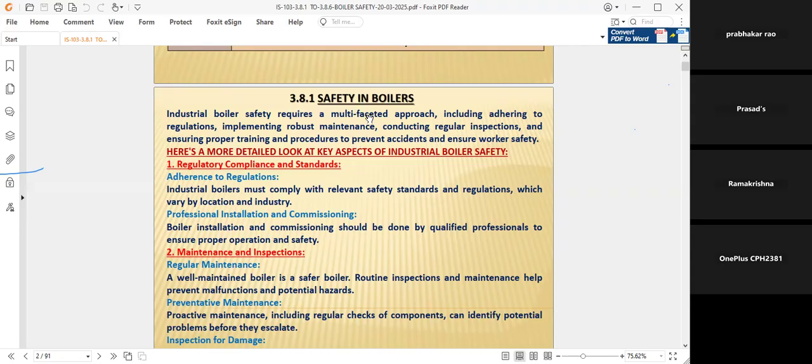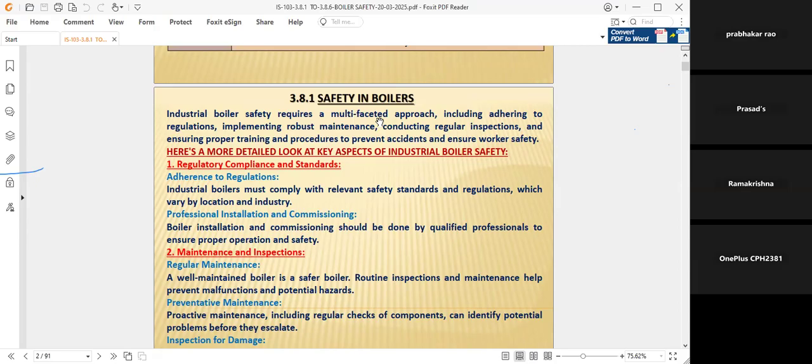Because this is one of the important places, multi-faceted approach means we have to approach the boiler in a different culture, with a well-trained and certified workforce, as well as qualified persons to take care of it. That's why it's a multi-faceted approach, including adhering to regulations while running.